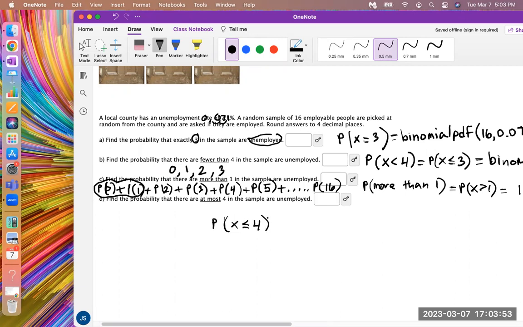Because it's all the values less than or equal to a value, we can use CDF. So binomial CDF: we enter 16, we enter 0.071, and we enter 4. And there we go. That's our answer.